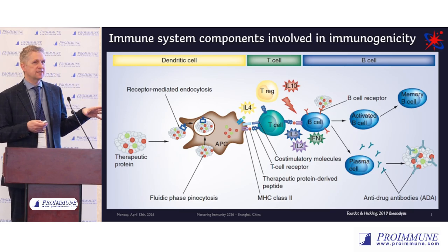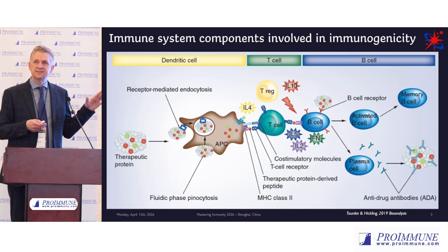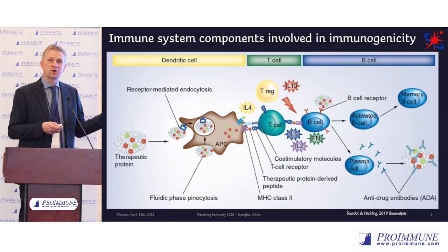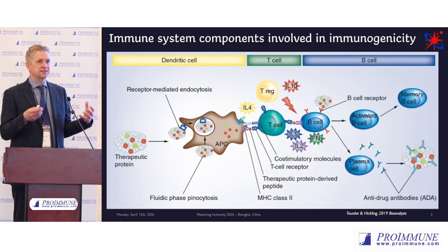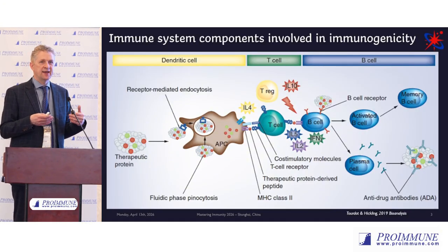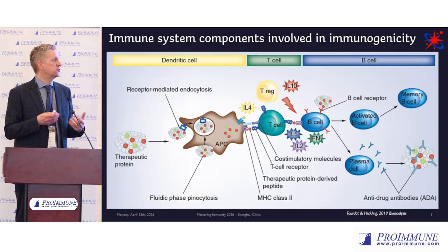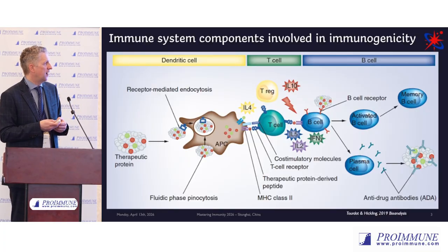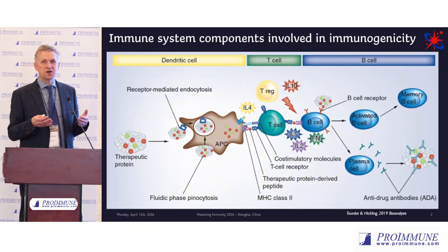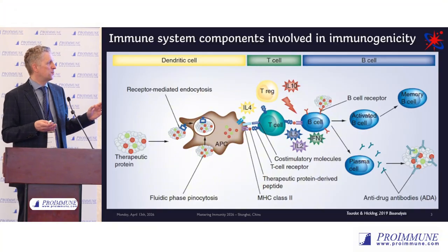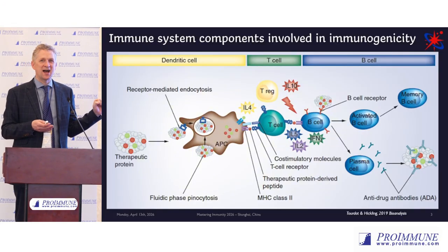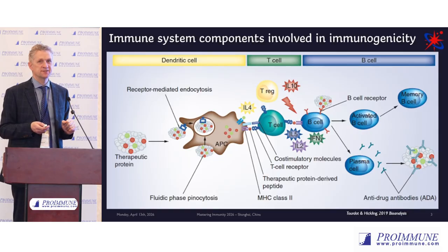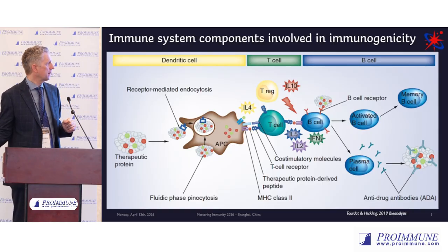You appreciate this whole process is a simplification of what goes on. It obviously occurs in the body, in the lymph nodes, where the germinal centers are where we get the maturation of the ADA. And really our whole job is to try and understand how we can prevent the right-hand side from happening, because we understand the components in the middle here.